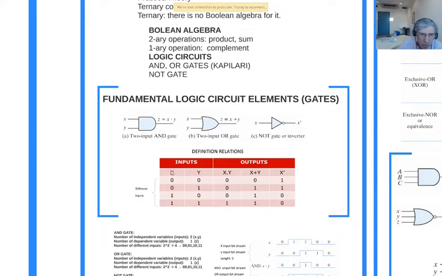You can call this a definition relation, and you can show it as x times y. We know the first and second types of expansion that you can write. For that one, for example, this is the true minterm, and the corresponding product term is x times y. So that's the formula for it. Similarly, for the OR gate, if you consider the second expansion, you are going to make it x plus y. Why is that?